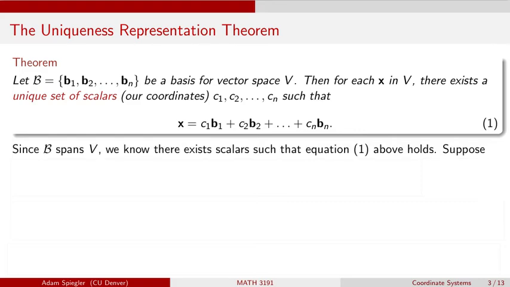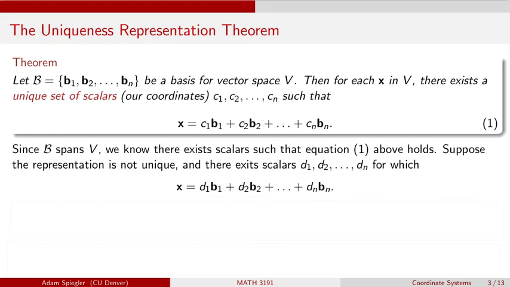Since this basis B spans all of the vector space V, then we know that there are some scalars so that this equation up here holds. In other words, since we have a basis, we know that we can write x as some linear combination of those basis elements.